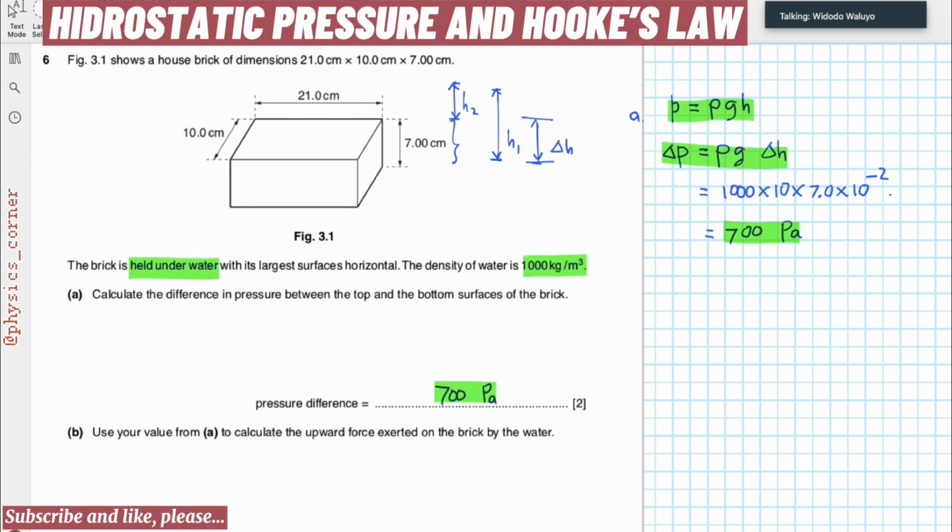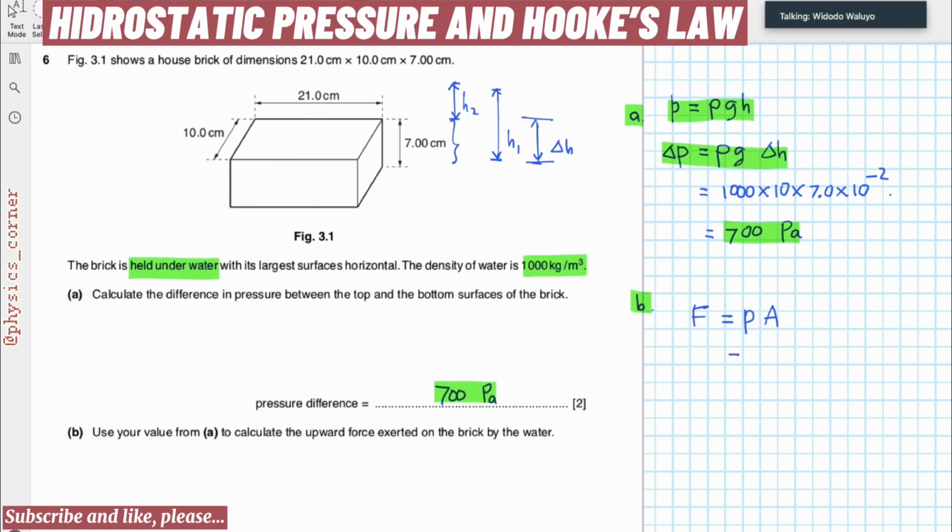Okay, this is B. We need to find force, and we'll use a formula relating force and pressure. Force equals pressure times area.